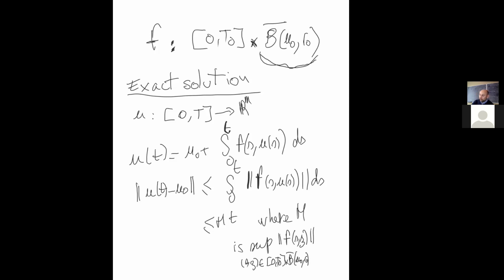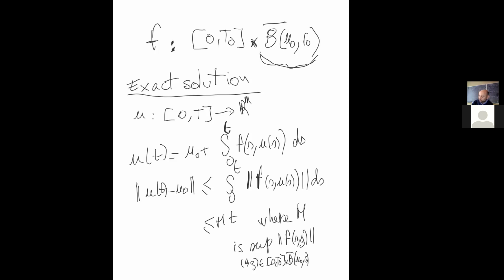So this is true if t is small enough, because at the beginning u of t is u node, and since u is continuous, it cannot escape before a certain amount of time. So now you see that if t is less than r node divided by M, u of t remains in the ball.